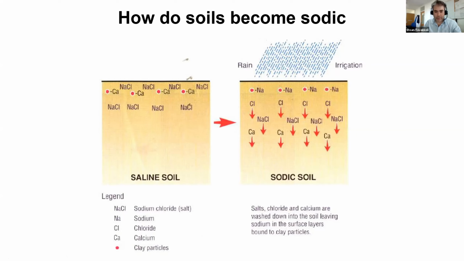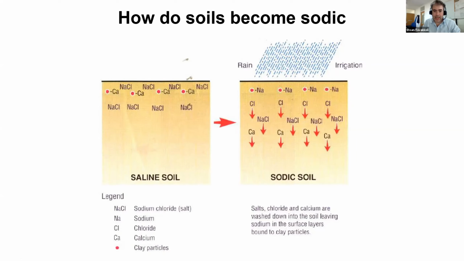And when that soil is leached by rain or irrigation over a number of decades, some component of that salt can leach down into the deeper soil profile. But in the sodic soil, the sodium can remain within that clay aggregate. In the next couple of slides, I'll explain this in more detail. But when you leach out that salt and the sodium stays in the clay, the soil becomes sodic.